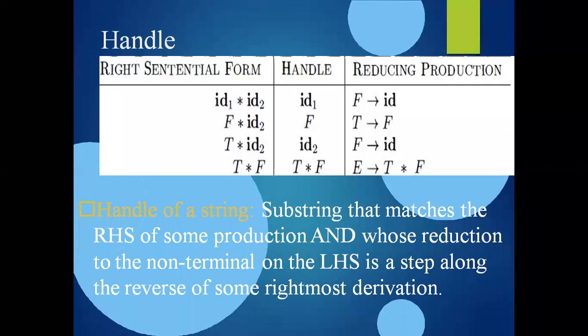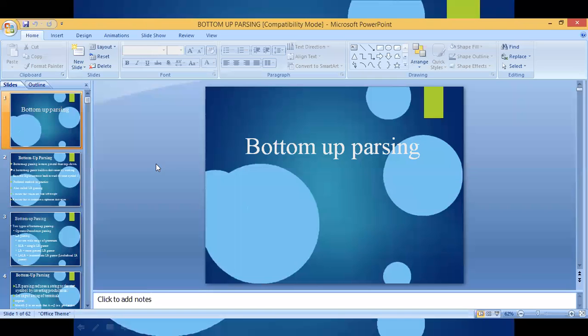But the reason to learn handle pruning is that for complex context-free grammars and arbitrarily long strings, we prefer this technique. Make a note of this. Such a reduction represents one step along the reverse of the rightmost derivation. Formally, we can define that as a handle.